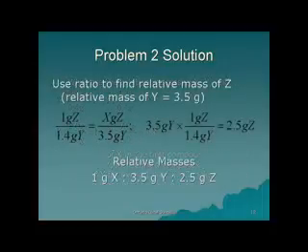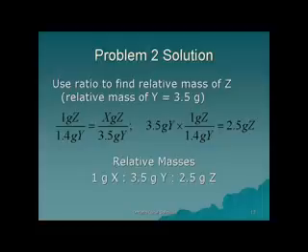Well, now that we've found the relative mass of X and Y, we can use the ratio of Z to Y to find the relative mass of Z. One of the things that we know is that there is 1 gram of Z for every 1.4 grams of Y in compound 2. And so all we have to do is set that relationship up so that I have my 1 gram of Z over 1.4 grams of Y set up equal to X grams of Z over 3.5 grams of Y, knowing that 3.5 grams of Y is its relative mass.